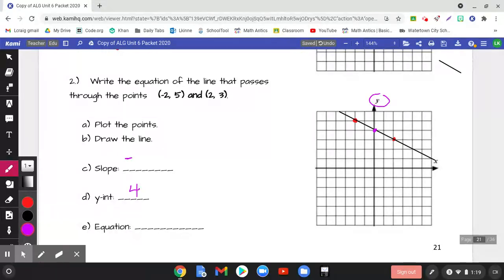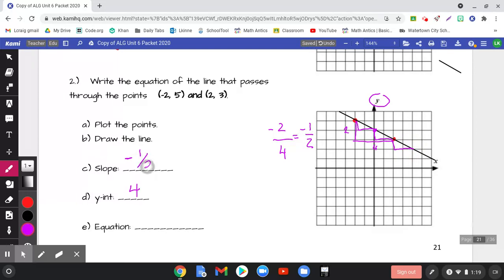If you went from the 2 points, you're going down 2 over 4. -2 over 4. You're going over 4, but that can be simplified. You're going down 1 over 2. That's what this simplifies to, -1 over 2.